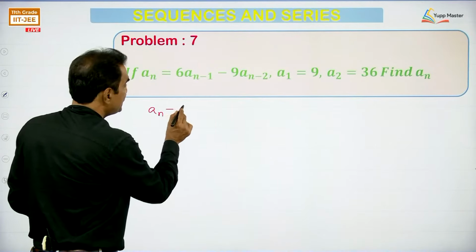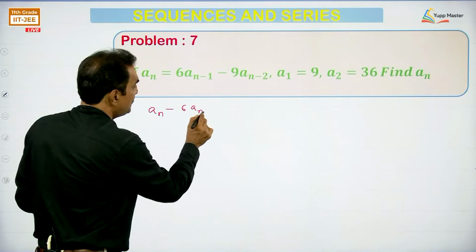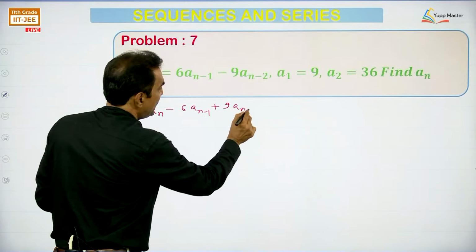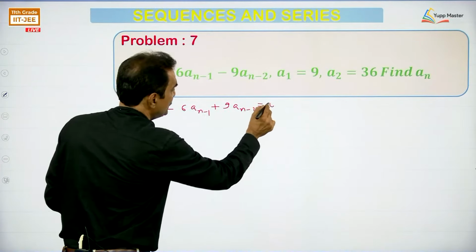An minus 6 an minus 1 plus 9 an minus 2 is 0.